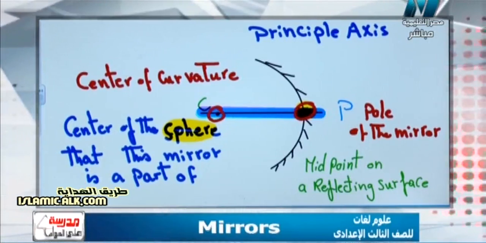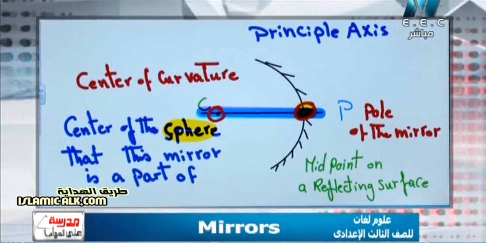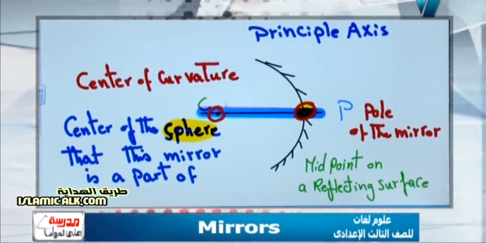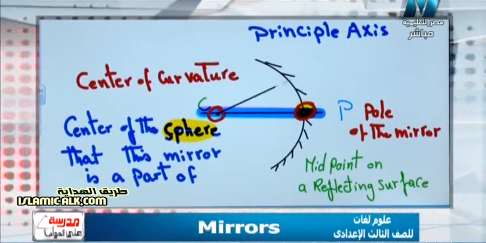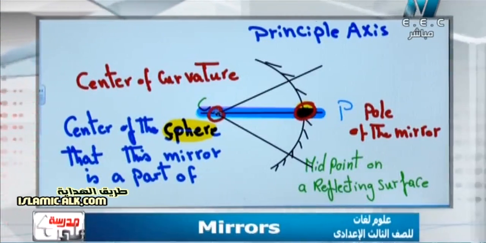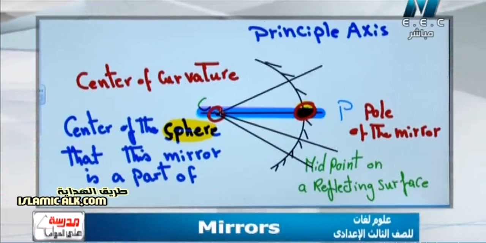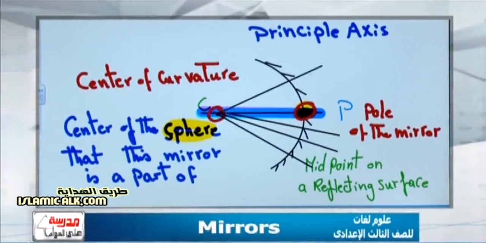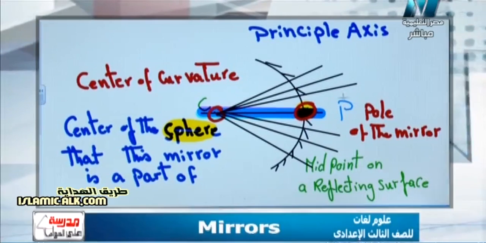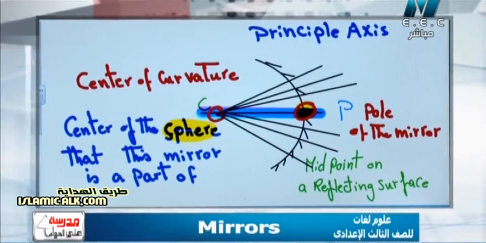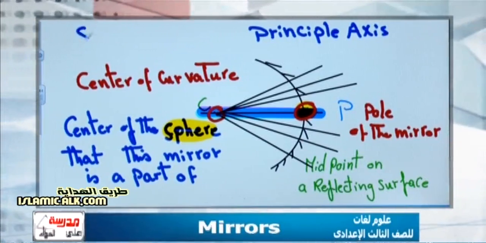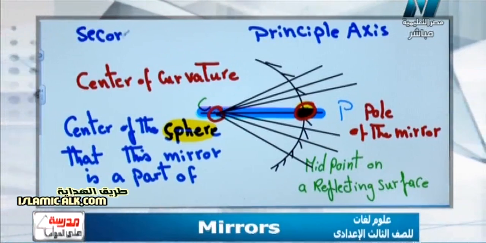On the other side we have another axis, as we have here from C to this point, or from C to this point. We have many secondary axes, many side axes. So we have secondary axes.